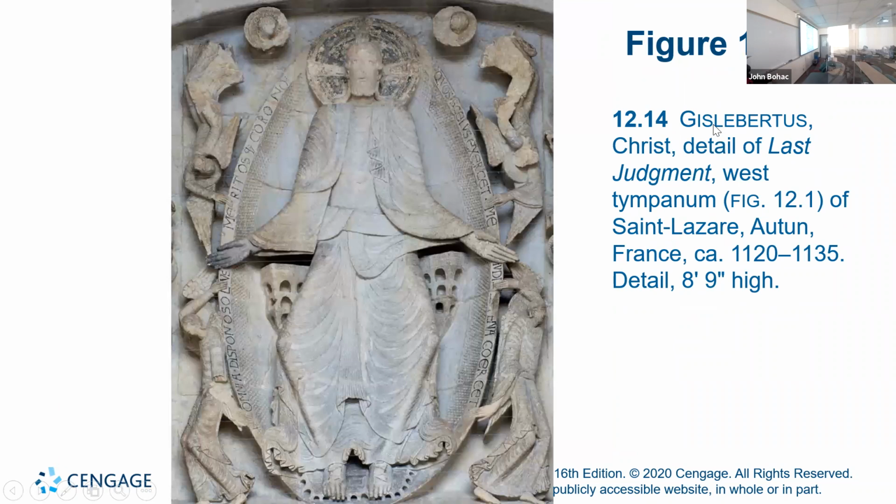Here is one of those sculptors that kind of breaks out and has some recognition. Veritas. And this is Christ, the Last Judgment. See, it's Christ. Doesn't have a book, not giving the blessing, but he is here to decide who comes into heaven and who is cast into hell.